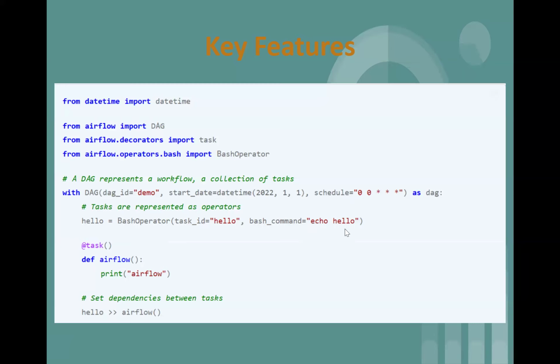It will go and run that on the Unix shell. If you want to do any file operations or list operations, delete, create folders, whatever you want to do, you can just execute with your bash operator. Then there is another task you can create by declaring a Python function called airflow, which is just printing airflow. Okay.